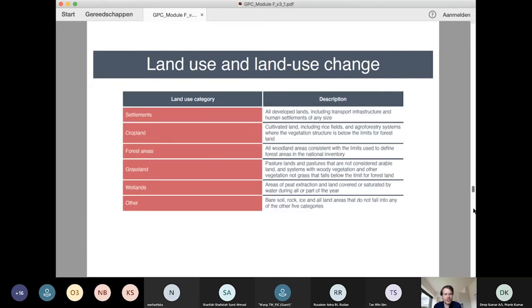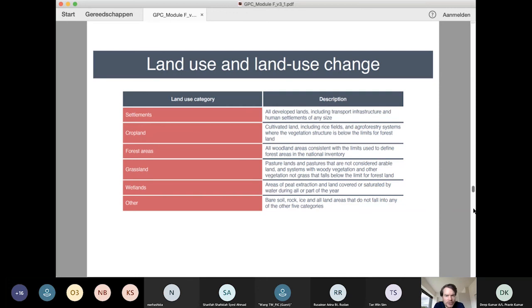So looking at the 6 different land use categories, we have settlements. This includes all developed lands, including transport infrastructure and human settlements, cities, towns, villages. Cropland is cultivated land, including rice fields and agroforestry systems. Forest areas include woodlands. Grassland includes pastures that aren't arable, so it's not cropland, but other grasslands with some woody vegetation.